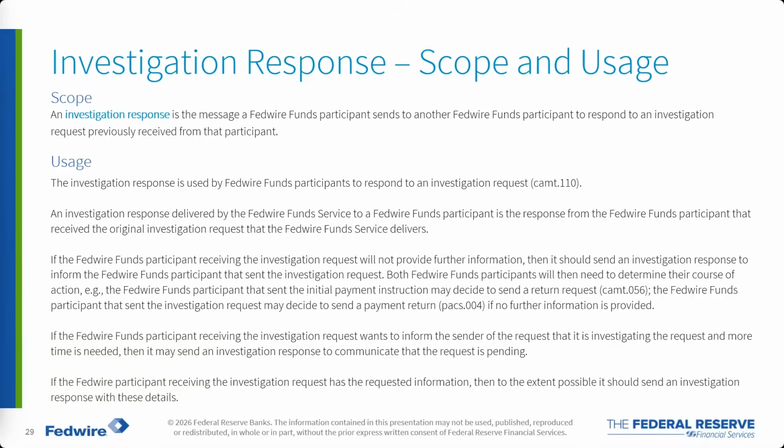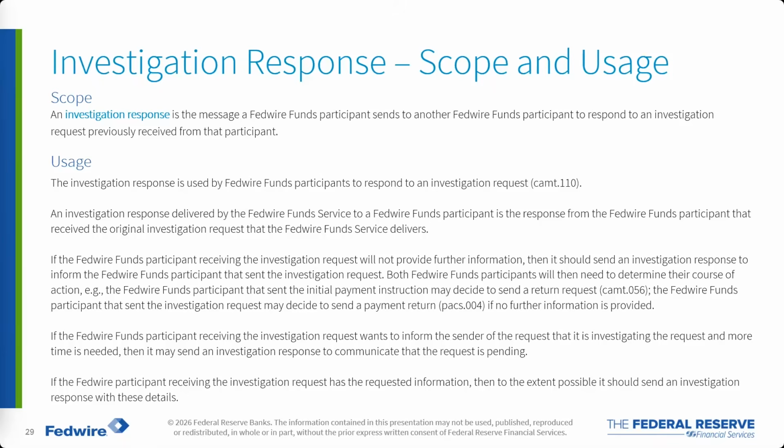The usage that you will find in our implementation guide explains the different use cases where you provide further information, you inform of an ongoing investigation that is still pending, or inform that you do not have additional information to satisfy the investigation request, in which case the parties involved will decide on the appropriate course of action.